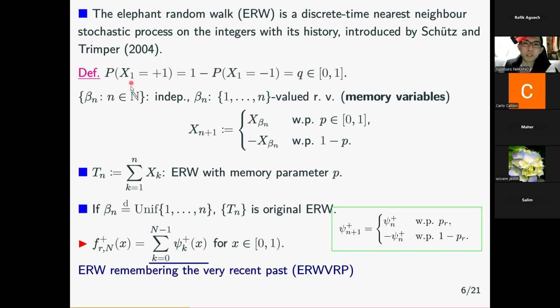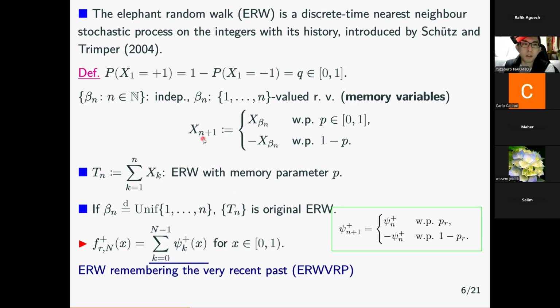The formal definition is as follows. X_1 is the first step of this elephant random walk. X_1 equals +1 with probability q, and X_1 equals -1, meaning the elephant moves left, with probability 1 minus q. Let beta_n be an independent family of random variables taking values in 1 to n, called memory variables.